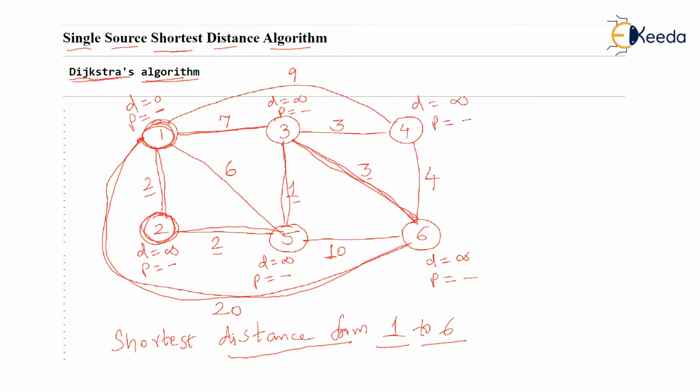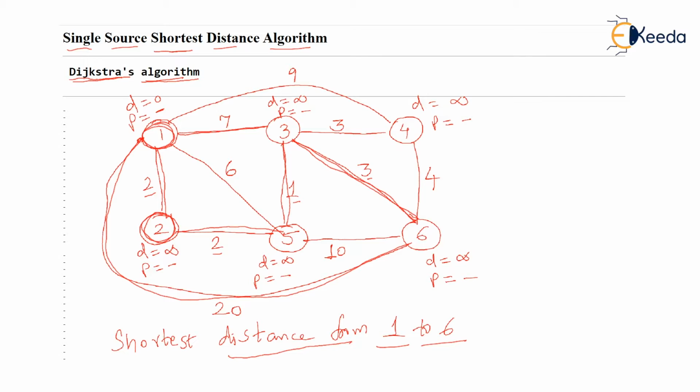You see that distance for all the vertices except the source, that is 1, is infinity. For all other vertices, distance is infinity and path is null. So that's the initialization that we do. For source vertex, distance is 0, and for other vertices, including destination, including sixth vertex, distance is infinity.